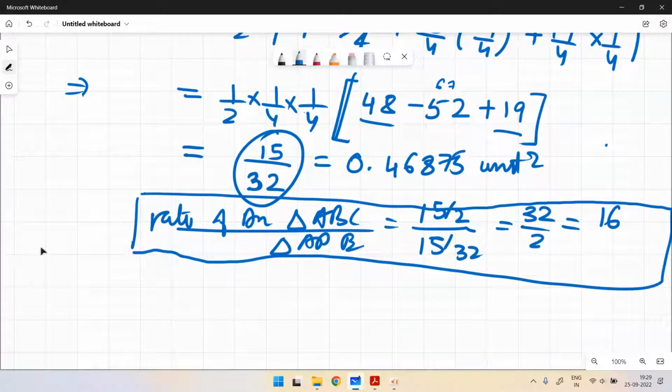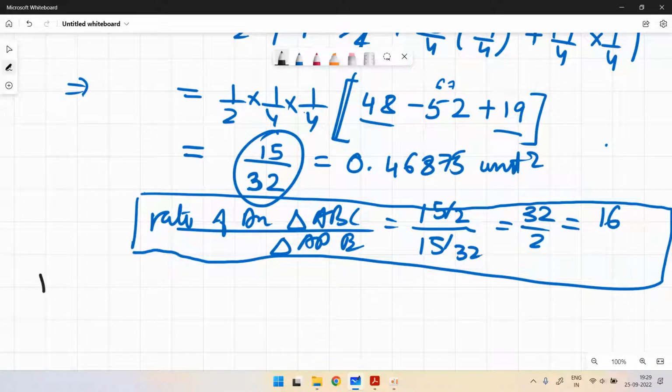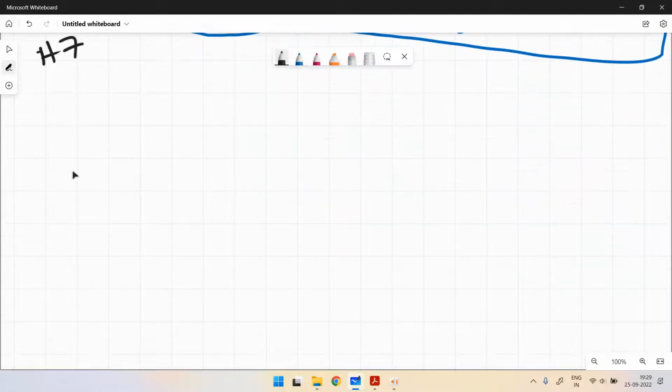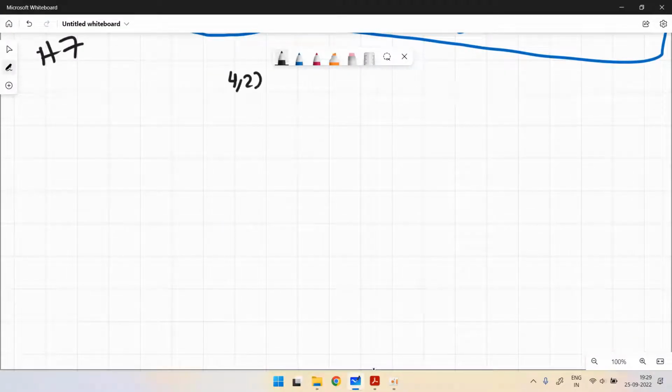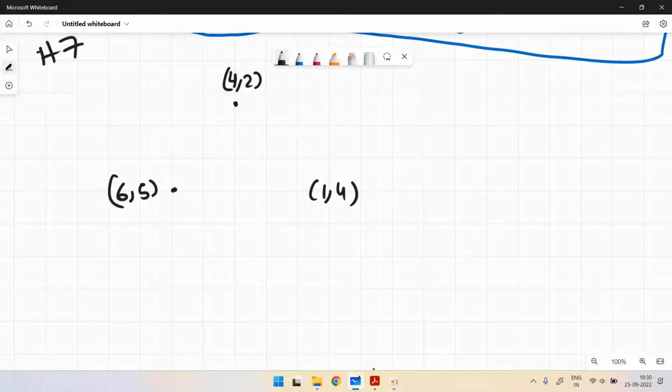So this is my seventh question. A is (4, 2), B is (6, 5), and C is (1, 4). That is my triangle, and this is given to be ABC.